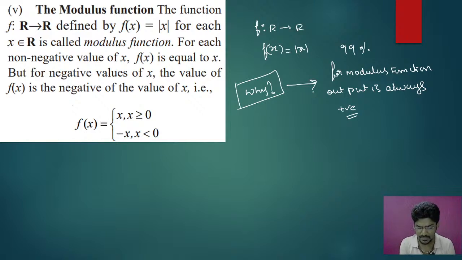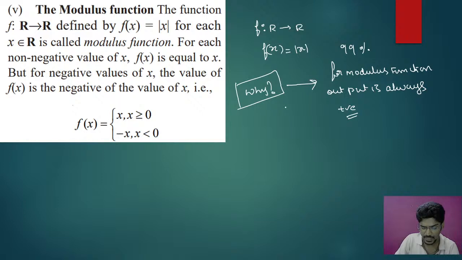That's why most students know that the modulus function is positive. But my dear students, please remember, the concept is important. The result you know, no problem, but the concept is important. Let us study now why the modulus function is always positive.